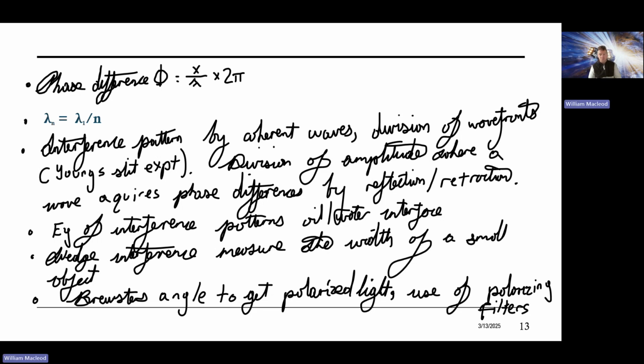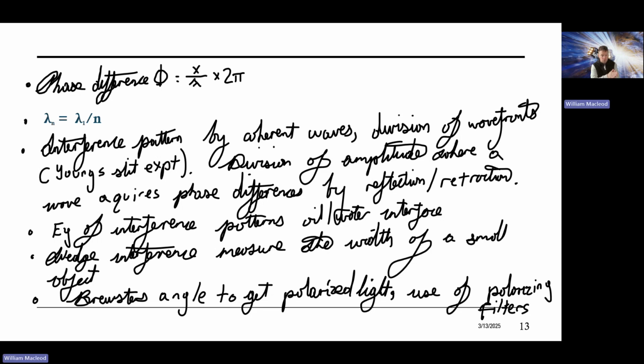We looked at the interference pattern on an oil-water interface and the nice colours you get in that because of constructive and destructive interference. We looked at thin wedge interference, where we can measure the width of a very small object between two glass plates because of this interference pattern.